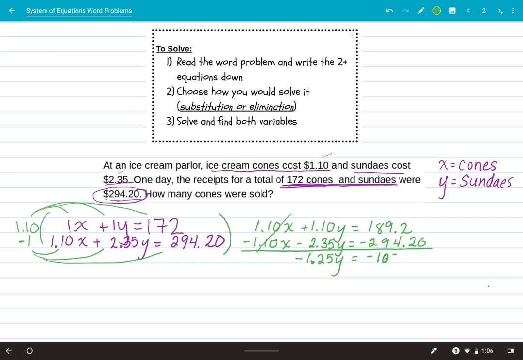My computer moved, sorry, -105, and we're going to divide both sides by -1.25 so that gets the y by itself, okay? And then use your calculator, divide it by 1.25, and we get 84. So we know they sold 84 sundaes.